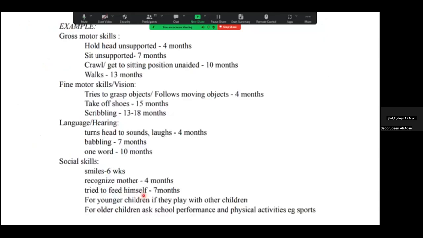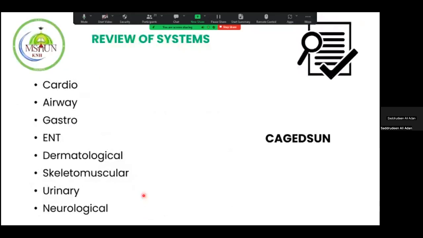So for the cardio system, the CVS, you can ask about any history of dyspnea, orthopnea, paroxysmal nocturnal dyspnea. For the airway, any history of tachypnea or fast breathing, any history of chest pain, etc. Gastro, nausea, vomiting, diarrhea, history of abdominal pain.